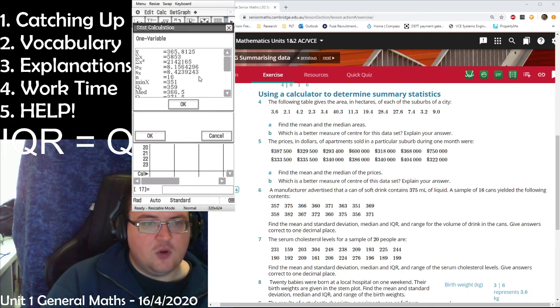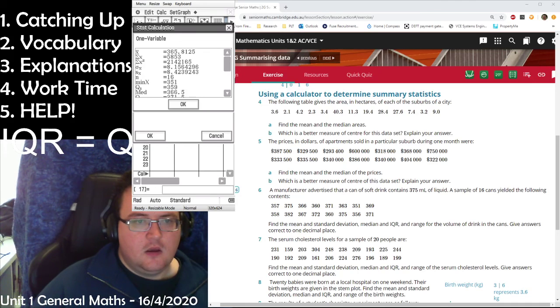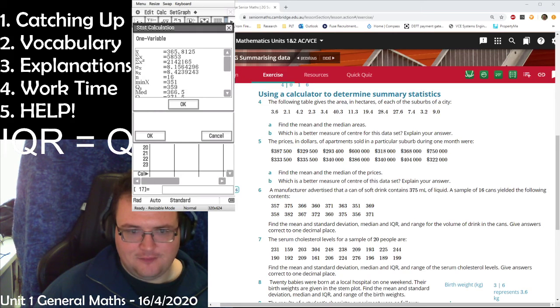But the number that I'm looking for is Sx, this one here, 8.4239. That number there, Sx, is what is called your standard deviation. Correct to one decimal place is going to be about 8.4.